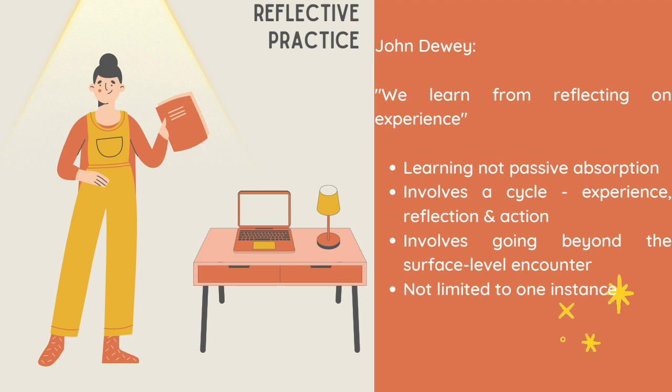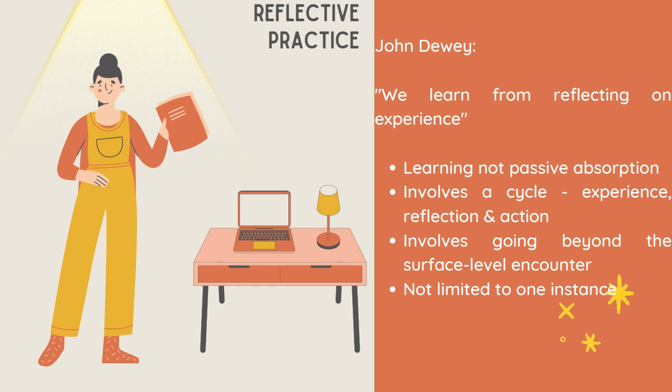For him, it involves a cycle. There's the experience, there's the reflection on the experience, and there's the action taken after the reflection. He argued that experience is not sufficient for learning. It's the way we reflect upon it that enables us not only to make sense of it, but to draw our own conclusions, and ultimately to acquire new knowledge and new insights.